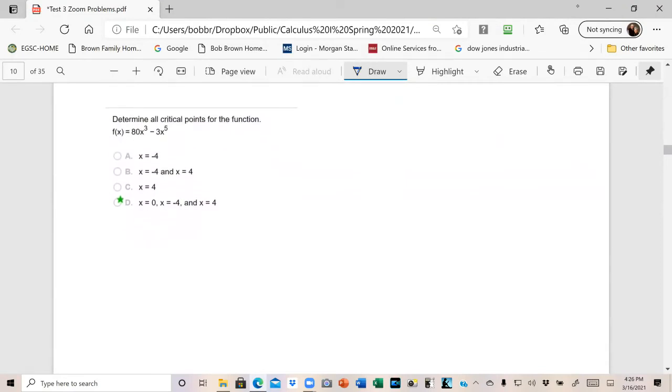Okay, in this particular function, we want to just find all the critical points for the function. So calculate the first derivative. It's 240x squared minus 15x to the fourth, and set that equal to 0.